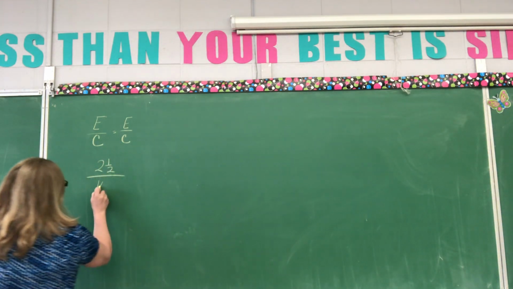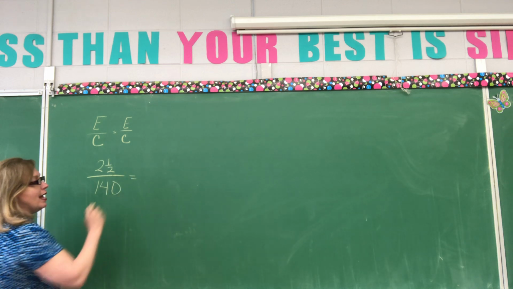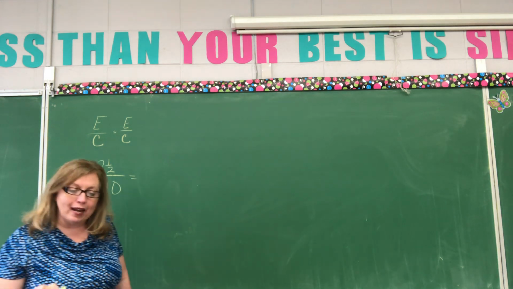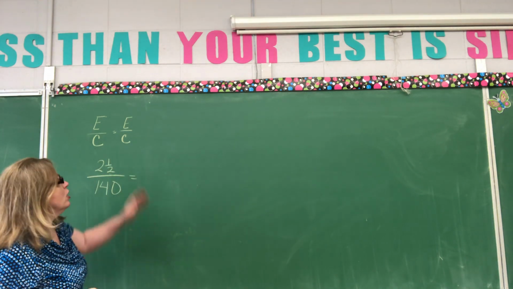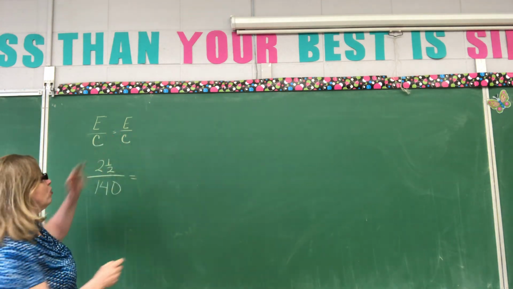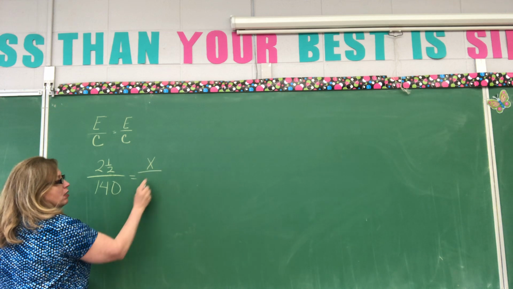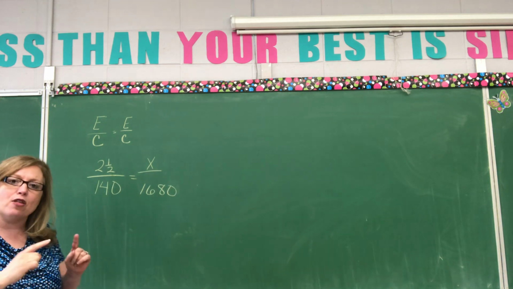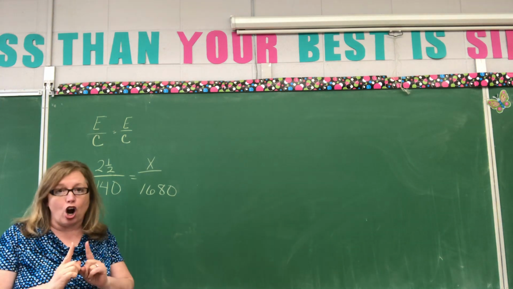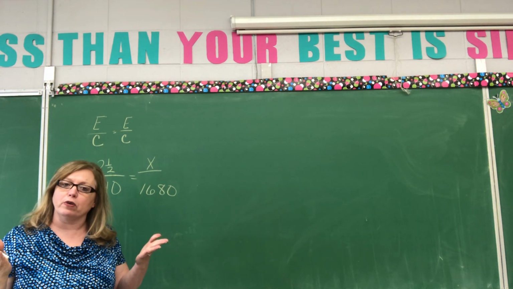Okay? Now, she wants to make 1,680 cookies. So in my second ratio, I don't know the eggs, so I just put an X. Underneath, I put 1,680.